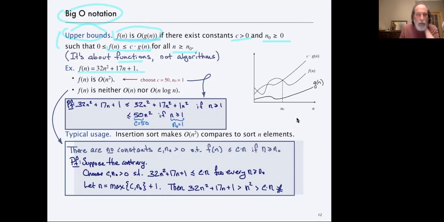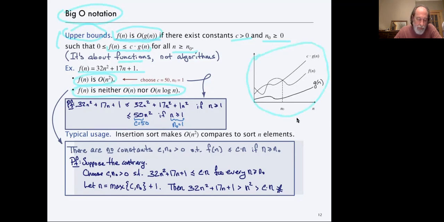Suppose f of n is 32n squared plus 17n plus 1. We claim that f of n is big O of n squared, and that it's neither big O of n nor big O of n log n. Before we prove them, let me just visit this little picture here.